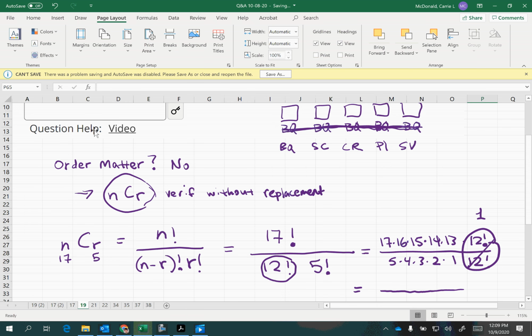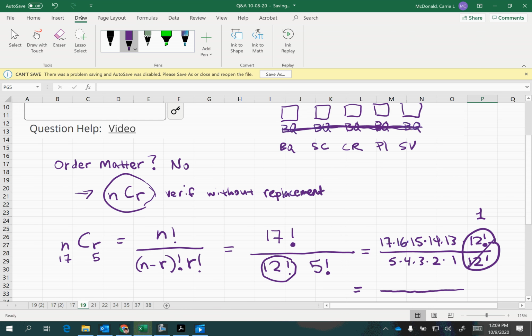So now we can reduce. We can get rid of some things like 5 times 3 is 15, and I have a 15 in the numerator to cancel out. So that's gone. We have 4 times 2 is 8, and 8 into 16 is 2. So we'll go ahead and write a 2 down here, cross that off. Then we have only a 1 in the denominator at this point, so we're not going to be able to cancel anything.